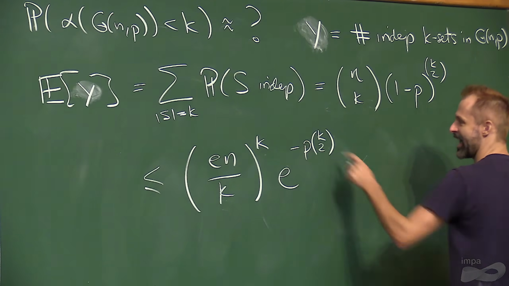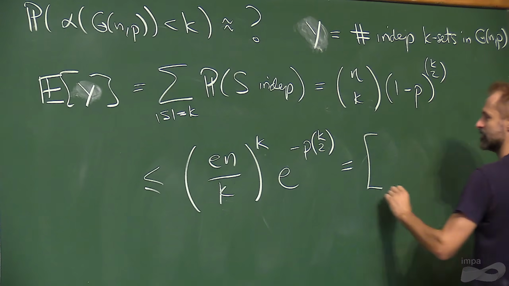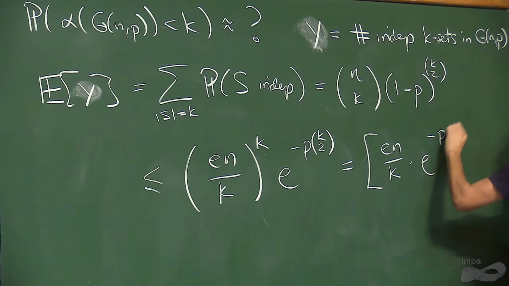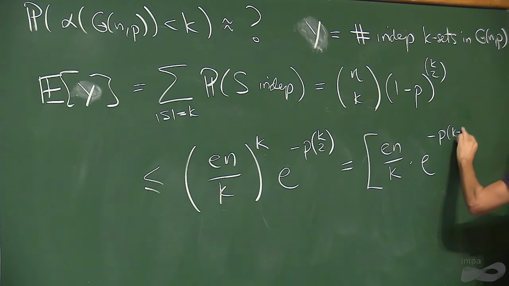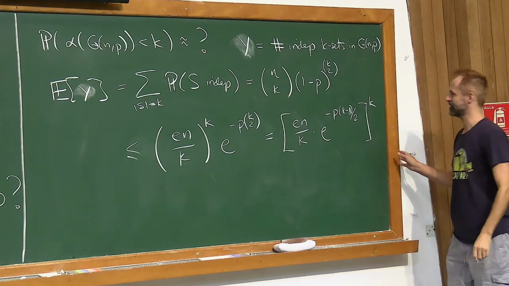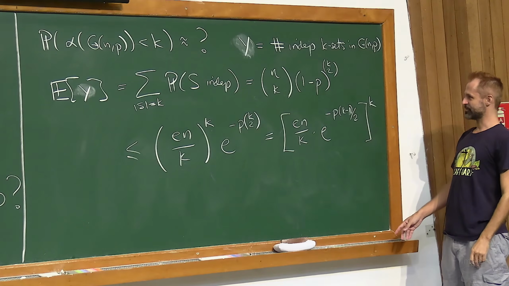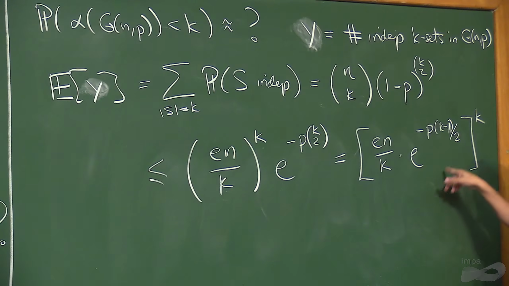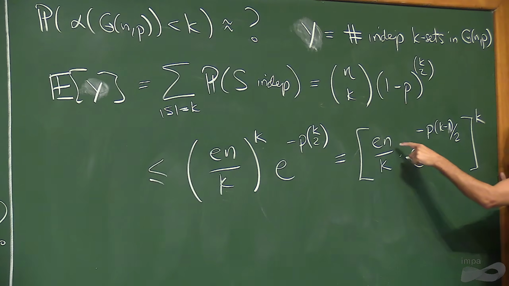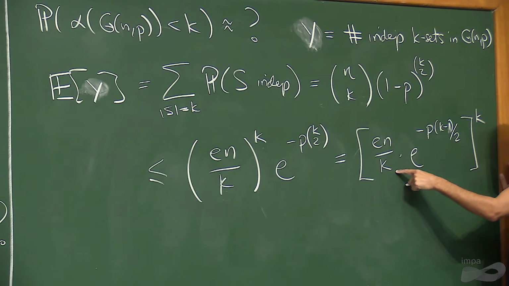We have a factor of k that we can take out: en over k times e to the minus p(k minus 1)/2, all to the k. Okay, this is a bit confusing. When is this small? It's small if this e to the minus pk over 2 beats this n over k.